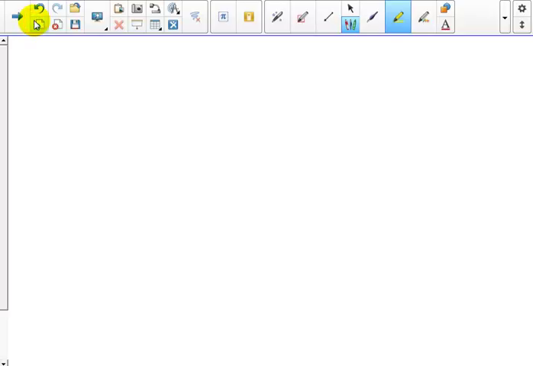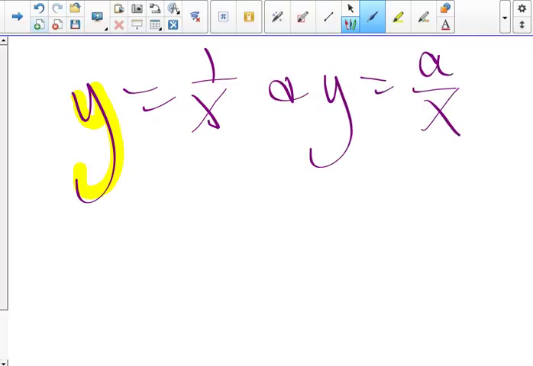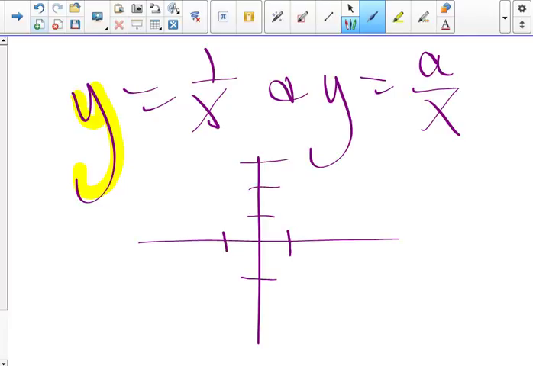Problem 4 says graph the equation y equals 1 over x and y equals a over x using the given value of a. Then identify the effect of a on the graph. So we know right away we're going to have 1, 1.